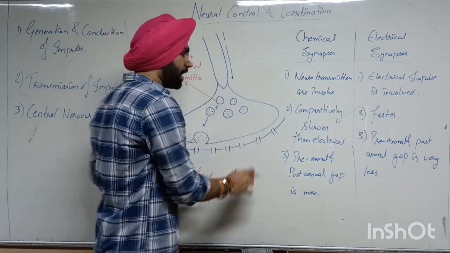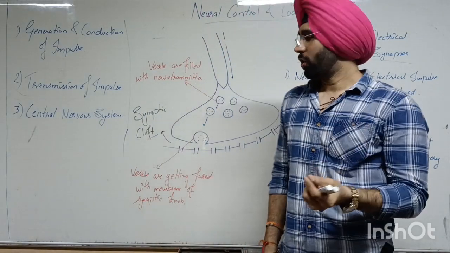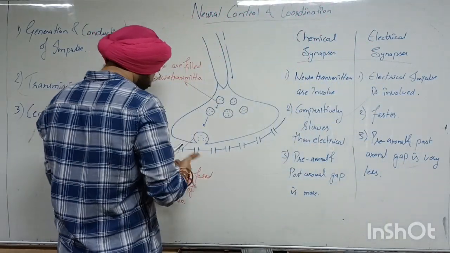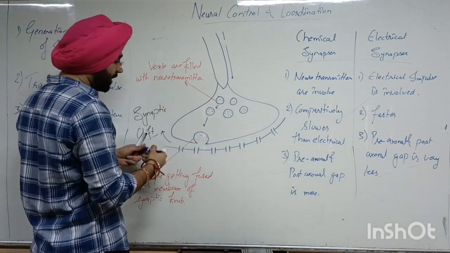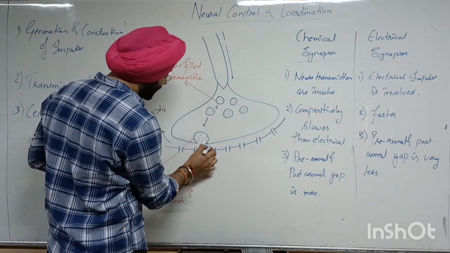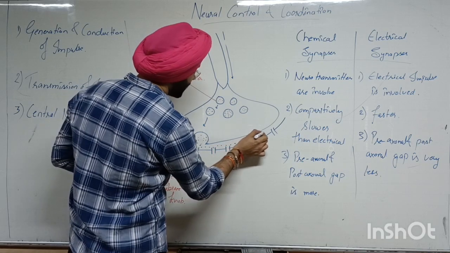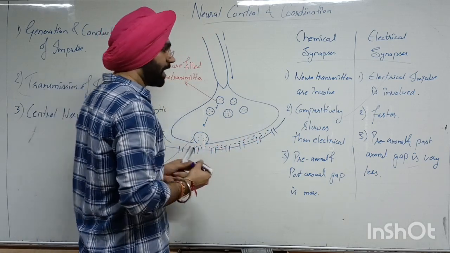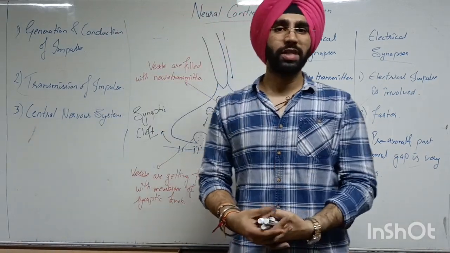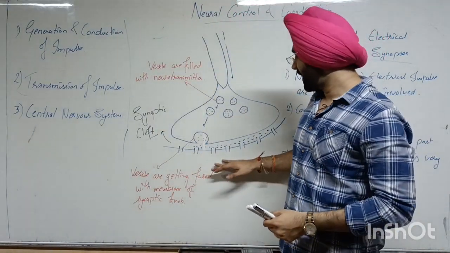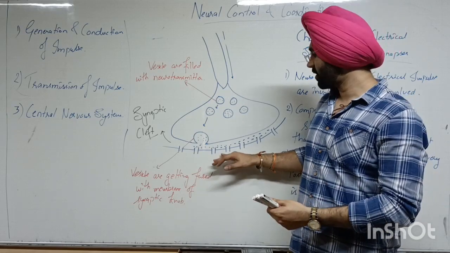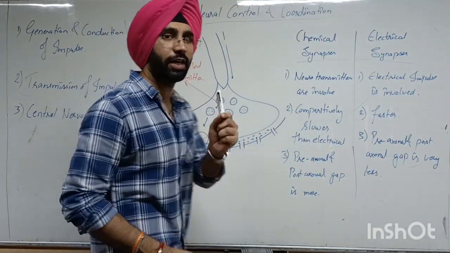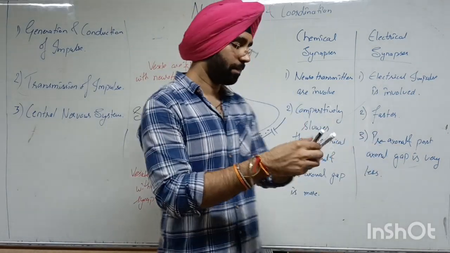These receptors are here for reception of neurotransmitter, and they are now being stimulated by it. Here in this cleft you can see the neurotransmitter filling, like dot dot dot dot. The post-axonal part is the part of the next neuron, and after reception it will generate action potential again, which is conducted through the next axon.